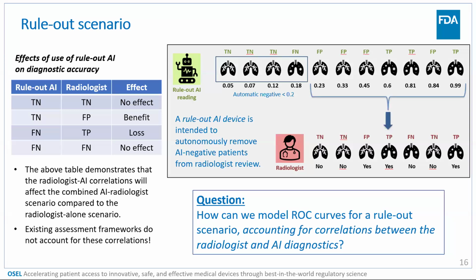And also what this table demonstrates is that the radiologist AI correlations will affect the combined scenario compared to the radiologist alone scenario. And there are several papers looking at metrics for evaluation of rule out devices that do not account for these correlations. So really nowhere in the literature are these correlations taken into account.